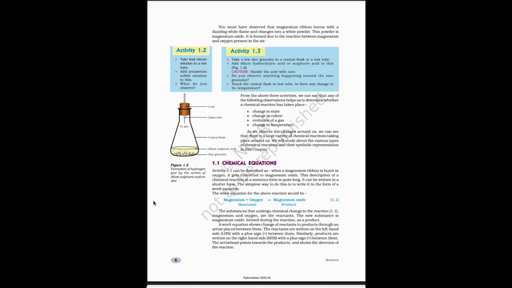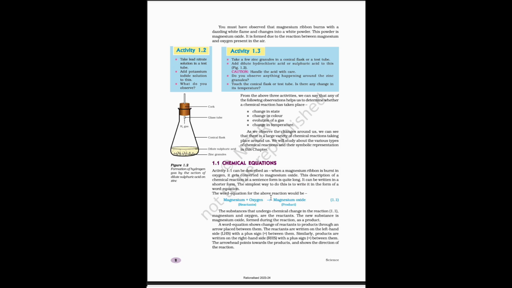The substances that undergo chemical change in the reaction, magnesium and oxygen, are the reactants. The new substance, magnesium oxide, formed during the reaction is the product. A word equation shows change of reactants to products through an arrow placed between them.